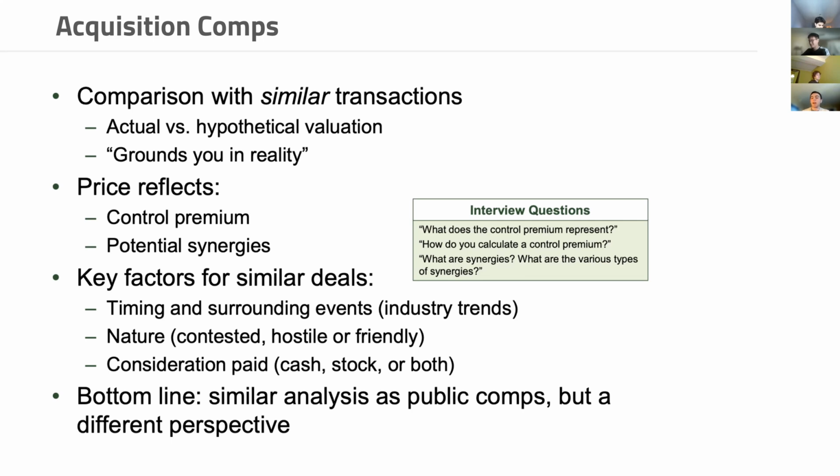Because with the public comps method, you're going to be looking at data from the most recent period that you have access to, and that could be like a couple of weeks ago, whereas with acquisition comps, it could be that Facebook-Instagram happened a while ago, and maybe the dynamics of the market were very different back then, and it might not be a relevant piece of information to what might happen in the future. So you have to be mindful of those things, along with a couple other factors here that we've identified, but I won't go too deep into those for the moment.